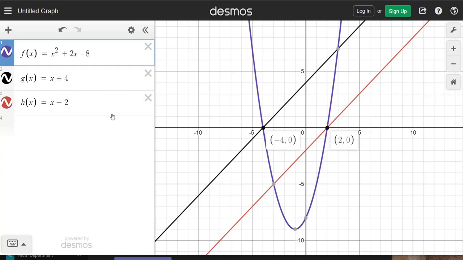At -4. We had x plus 4, and the intersection point was -4. And same here for h of x equals x minus 2. We had a -2 here, but where did it intersect the x-axis? At +2. So that's a connection that we're going to see as we continue on with this.